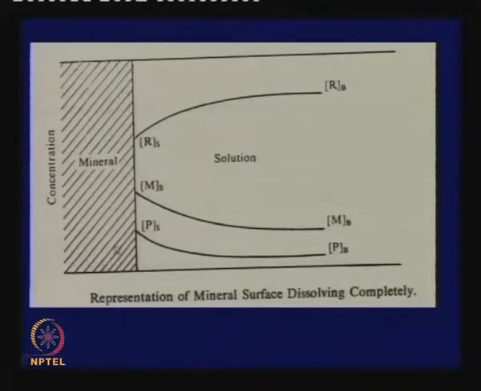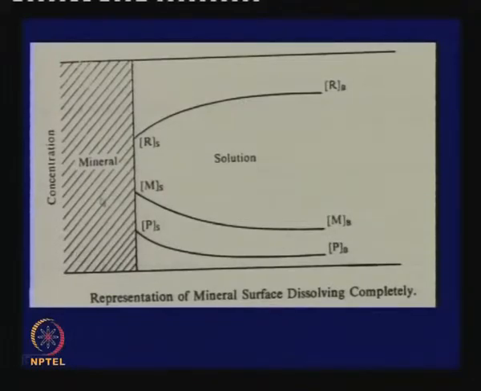Like here is a solid mineral surface which is reacting with a leaching medium, and we see the reagent concentration from the bulk getting depleted when it comes to the surface. Metallic values that dissolve at the surface diffuse out into the bulk, and when they diffuse out, there must be a concentration profile going down.